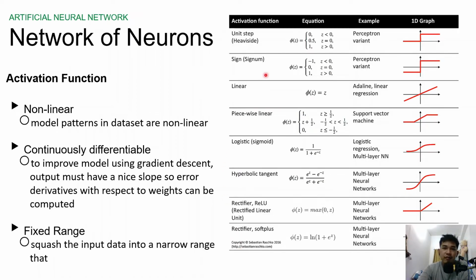Okay, so we have here examples of activation functions. So we have unit step, signum. So the graph would look like this. We have the piecewise linear, logistic or sigmoid, hyperbolic tangent, tanh.